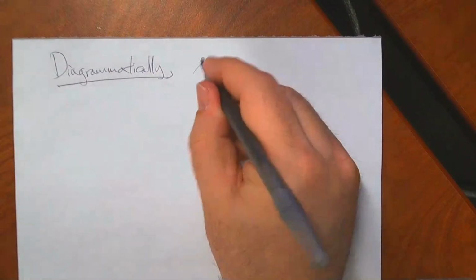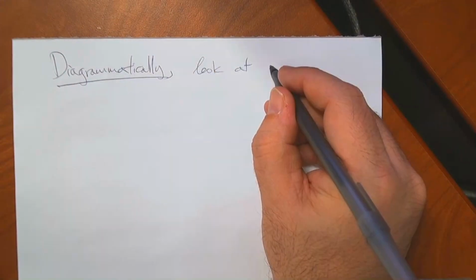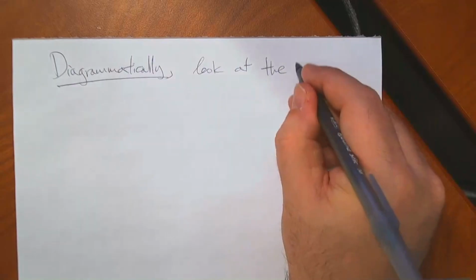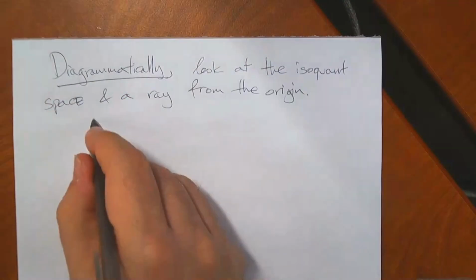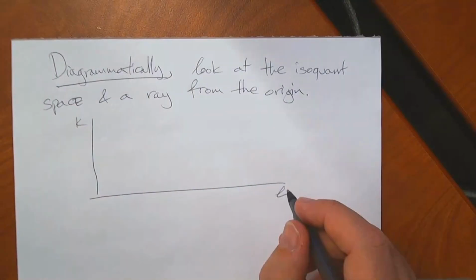So here is the picture. I'm going to do this diagrammatically. I'm going to look at a ray, let's say in the isoquant space, a ray from the origin. So let's look at K and L, right?